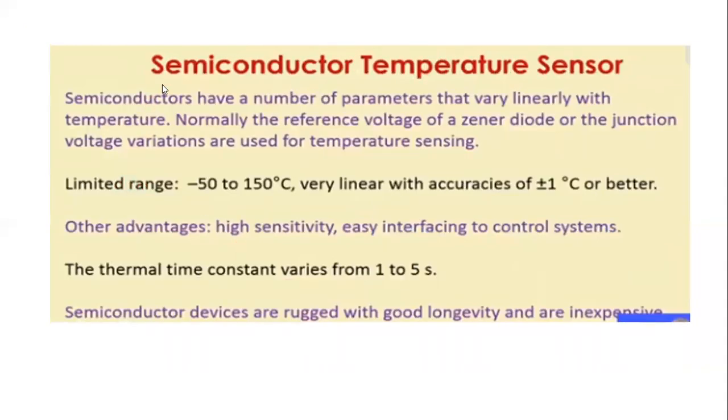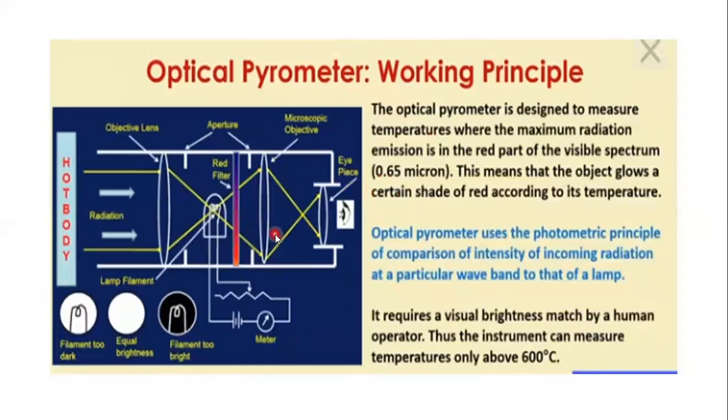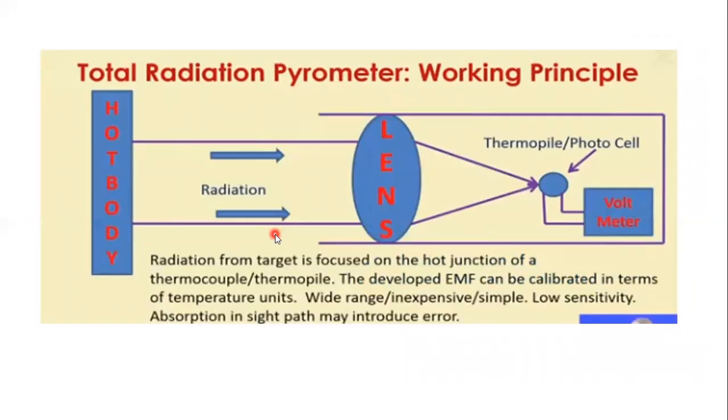Okay, thank you. These are the different types of radiation pyrometer. So there are two methods, a total radiation pyrometer and an optical pyrometer. In a total radiation pyrometer, we measure the temperature of a hot body by selecting all the radiation coming from the hot body.